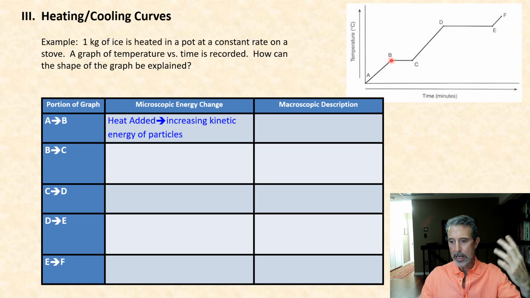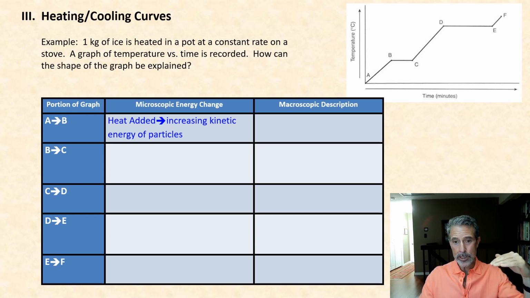And from our understanding of the meaning of temperature, temperature being a measure of the average kinetic energy of the particles that make up the substance, here the heat that we're adding is going into increasing the kinetic energy of the particles. That's what's happening microscopically here.